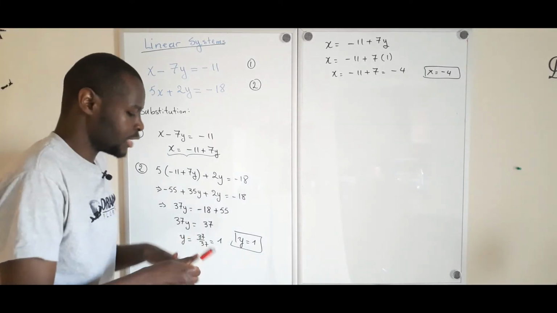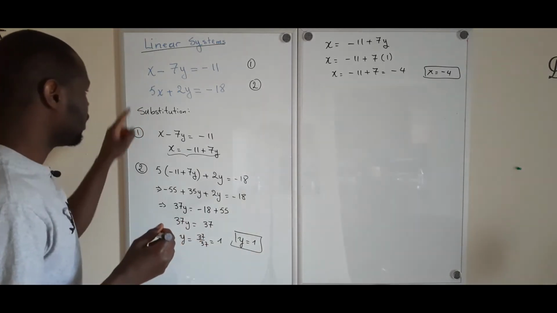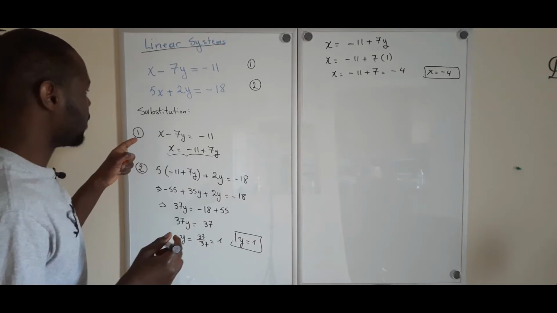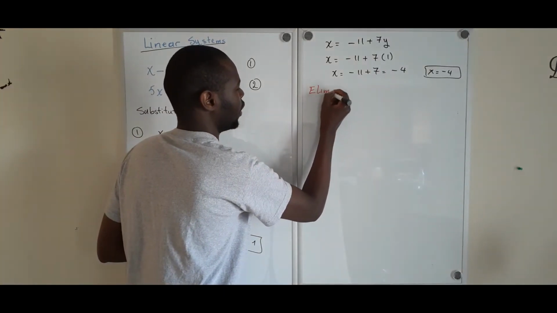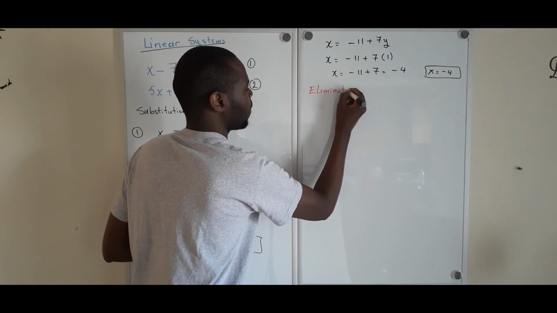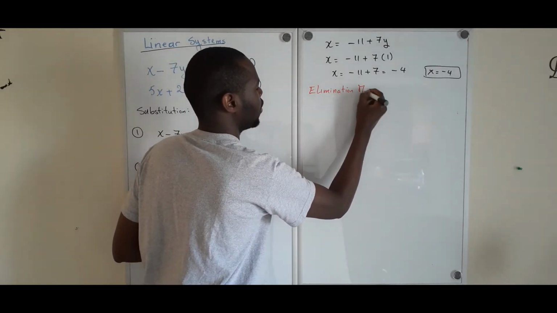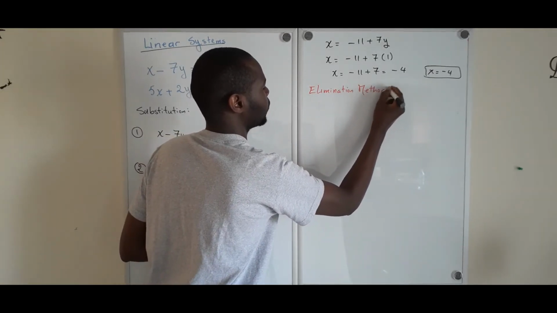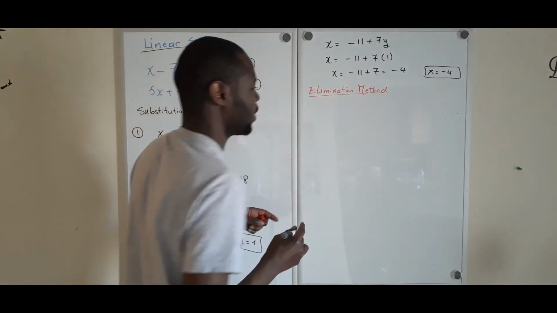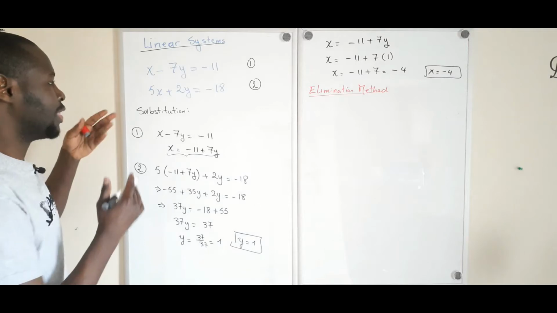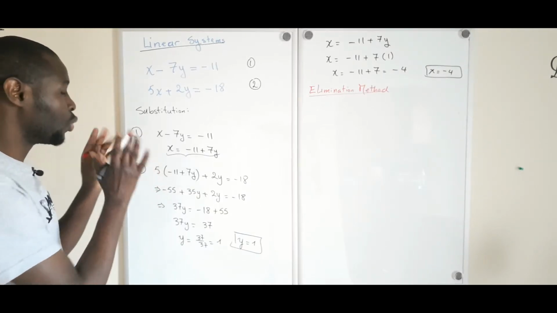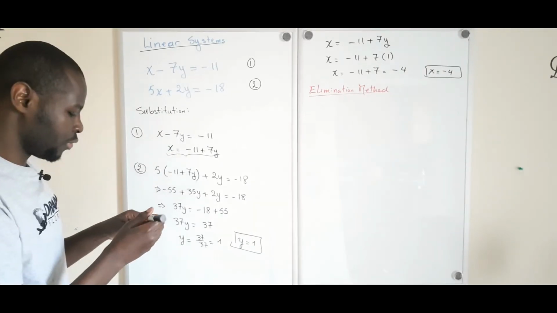Now let's go ahead and try the elimination method. The elimination method, basically you're trying to eliminate one of these terms. That way you end up with one variable that you can solve.